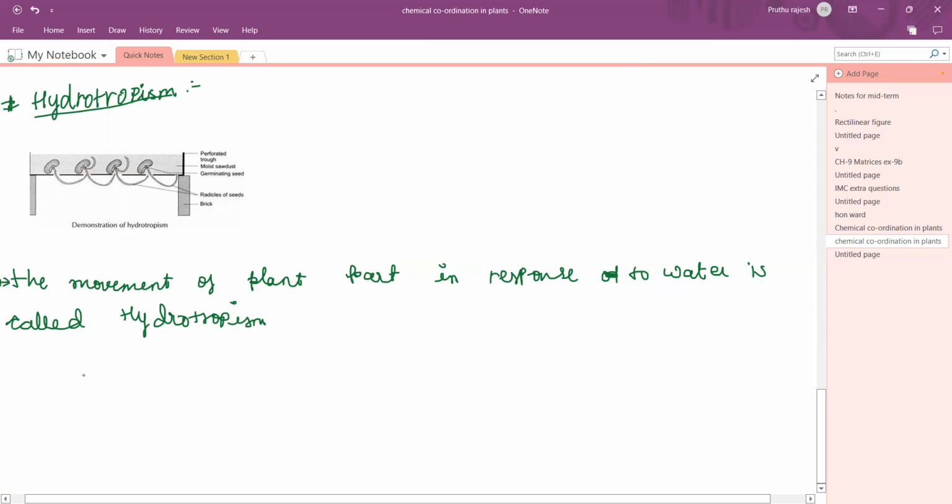Second point, roots again. Roots are in this diagram.